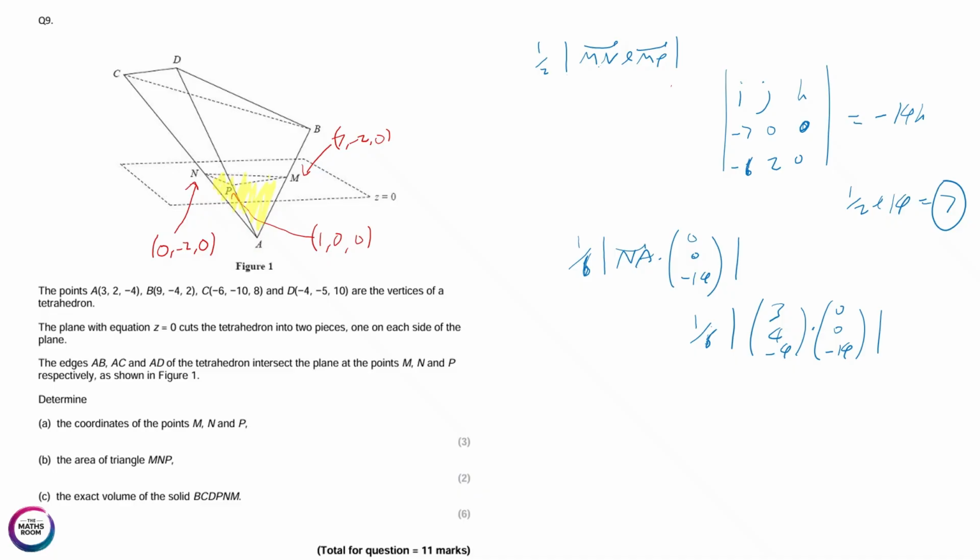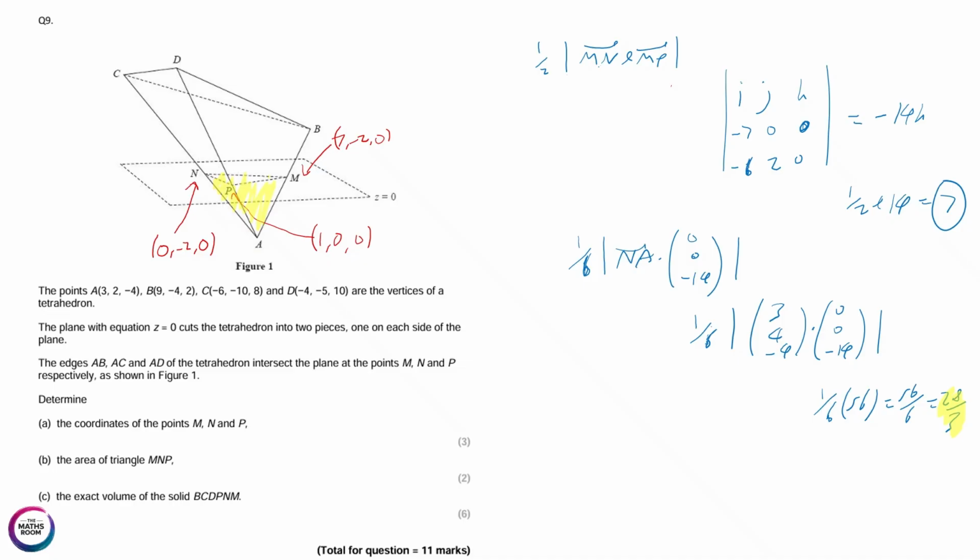So I need to worry about the z bits, don't we? So it's just going to be quite simply a sixth of 4 14s, which is 56. So it's going to be 56 over 6, which is 28 over 3. Yeah, 28 over 3 is the yellow tetrahedron. Let's just highlight that yellow.